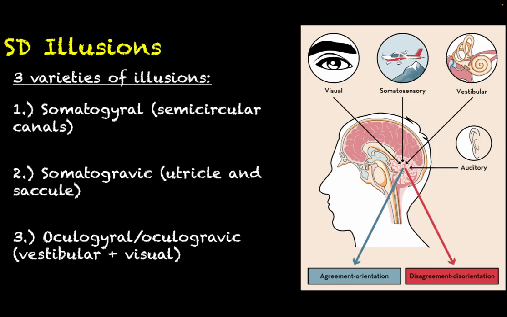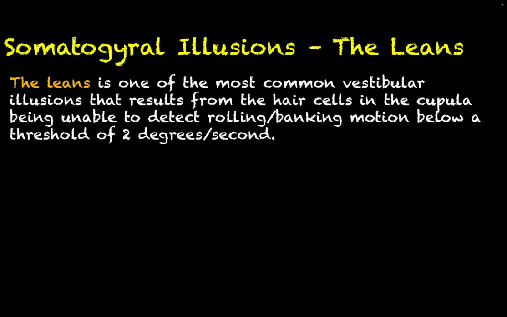So this is kind of a combination of vestibular and visual illusions. Again, this is usually going to happen when you're flying in limited visibility, but this is going to be a case where some of the vestibular limitations have some unfortunate synergy with some of the visual limitations that you get when flying with limited visual references.